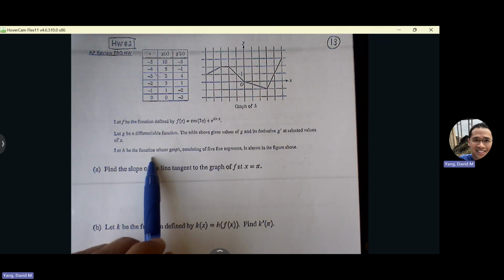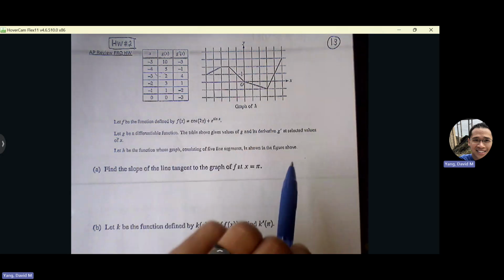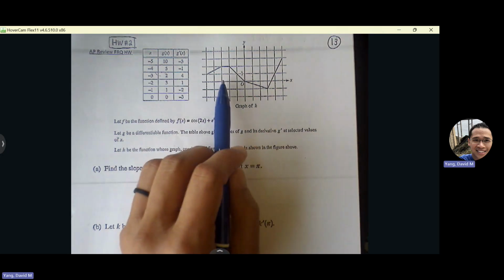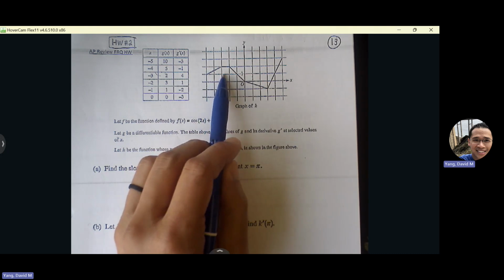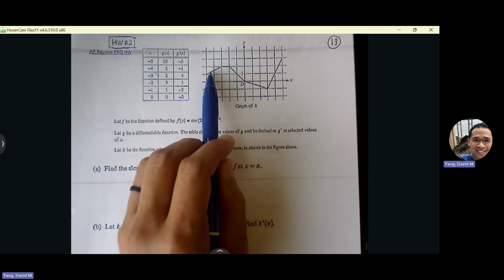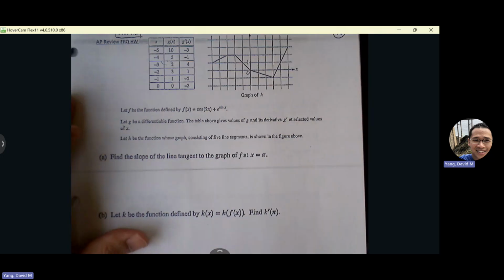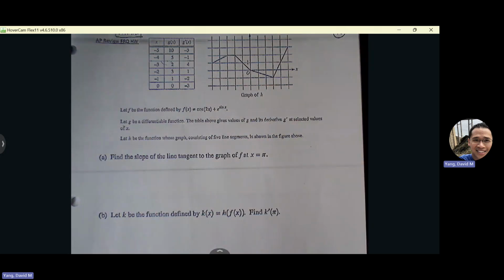And then the h function has 5 line segments, which means everything here is going to be nice geometric shapes. When we're asked to find the area involving the integral, we can do that since these are all nice geometric shapes: a triangle, a square, or a rectangle.